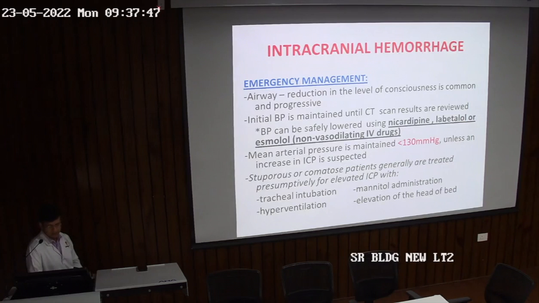And the mean arterial pressure is maintained less than 130 millimeters of mercury unless an increase in the intracranial pressure is suspected. And if the patient is not in good shape, is comatose, we can go for tracheal intubation, mannitol administration, hyperventilation, or elevation of the head of the bed.